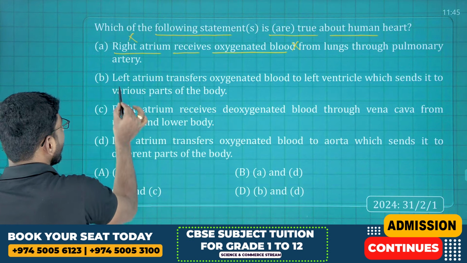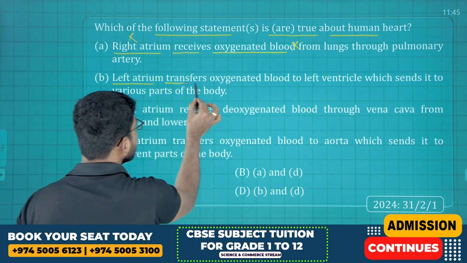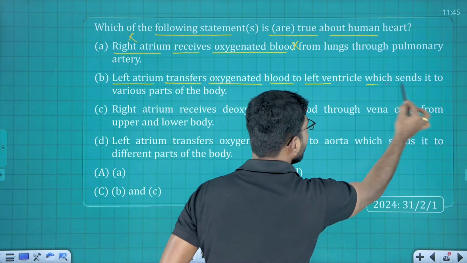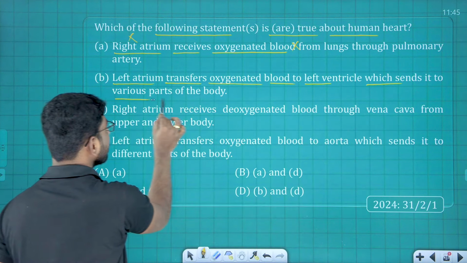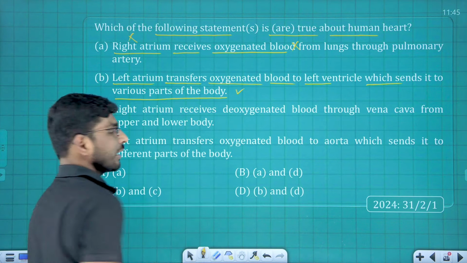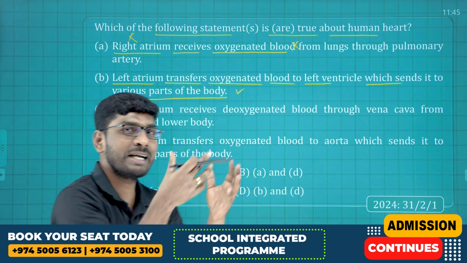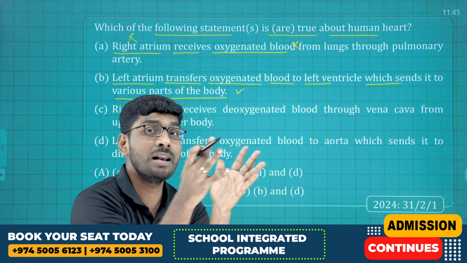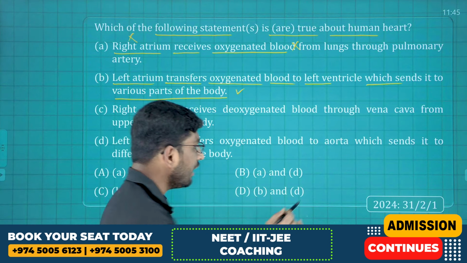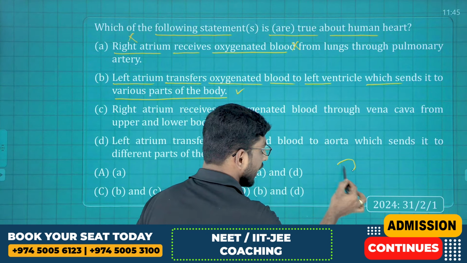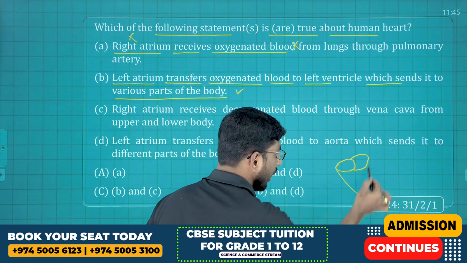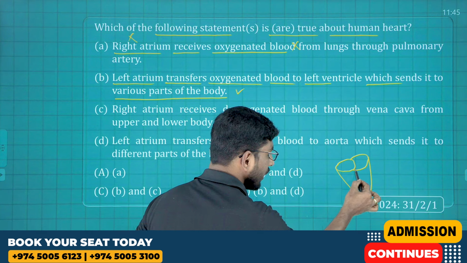A is wrong. Left atrium transfers oxygenated blood to the left ventricle, which sends it into various parts of the body. Absolutely correct. So the right side is deoxygenated blood, the left side is oxygenated blood. If I draw the diagram, this is the right auricle and this is the left auricle, and these two lower chambers are called ventricles.